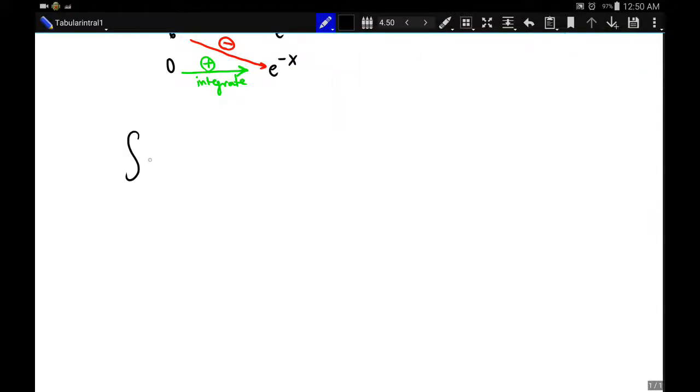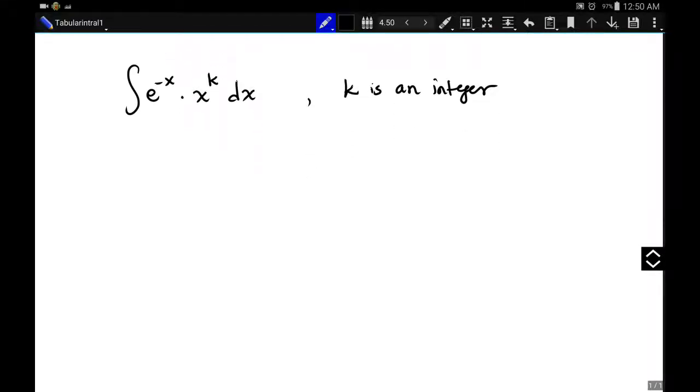So what is the integral of e to the negative x times x to the, let's say, k dx, where k is just an integer number in here? And I'll do the same thing. Let's do it. Differentiate and integrate.